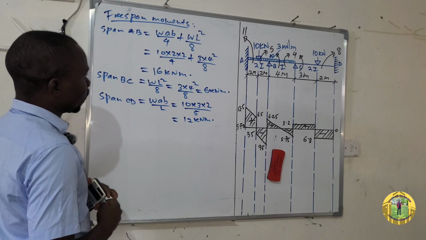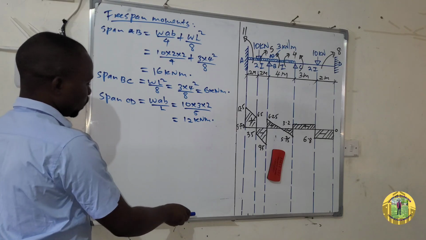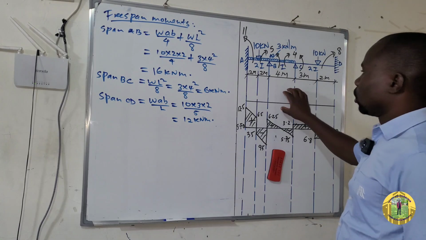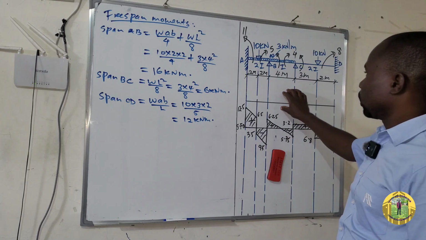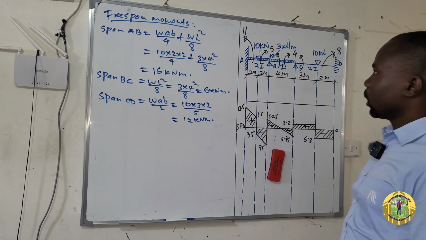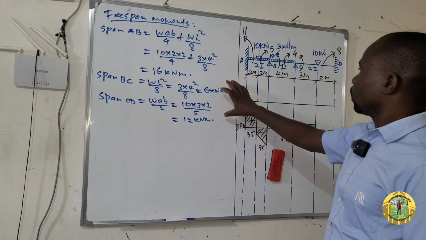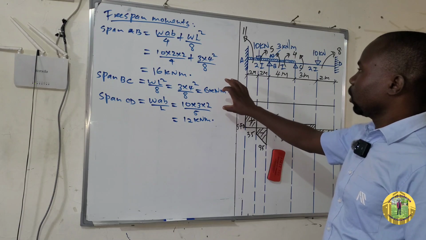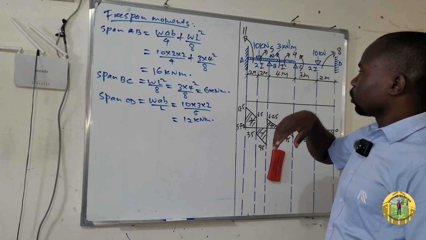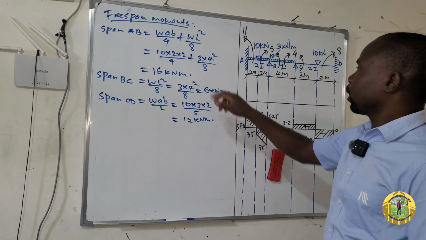And then from there, you can now draw the free span moment diagram. Now, to draw it, draw the baseline and draw the free span moment diagram using these values. So the highest is 16, which is span AB.